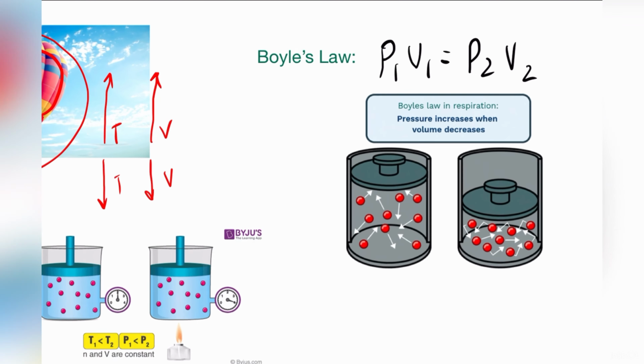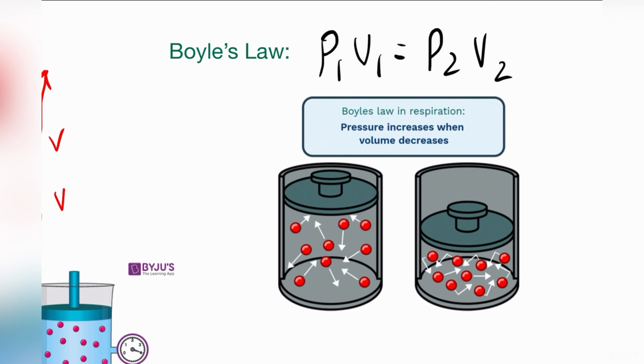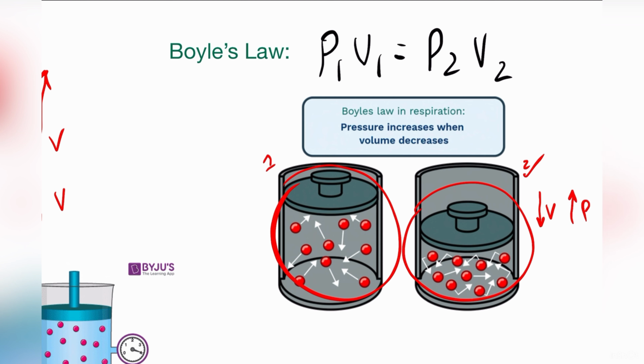Now with Boyle's law, we have a relationship between pressure and volume, where pressure increases when volume decreases. In this second photo, I'll label this 1 and 2, we have a much lower volume compared to the first one. So when volume decreases, pressure increases.